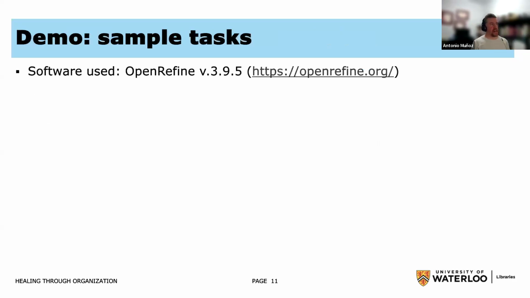As I mentioned, for the sample tasks that I'm going to be walking you through, I will be using OpenRefine, and I include the version of the software that I'm using. This is best practice when you are doing your own cleanup of your own data: include in your README file, in your documentation, what software you used and what version you used.